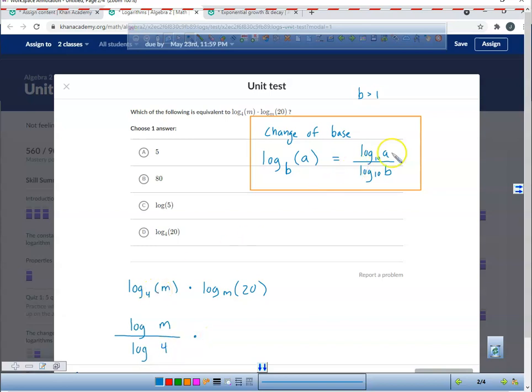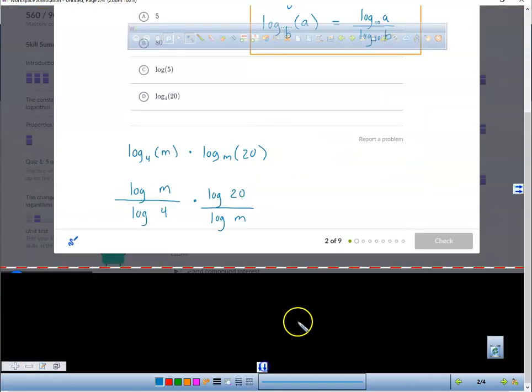So I used the change of base, putting the a over the b, and I'm writing the log of, what do you think I'm going to put on top? 20 over the log of, see, I put this over this over this over this. Now, interestingly, what happens to cancel out?